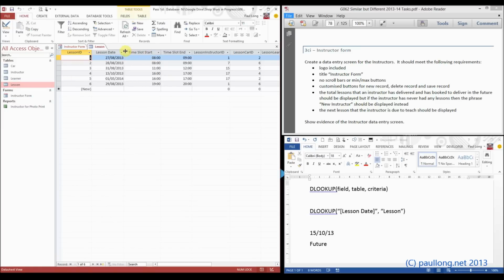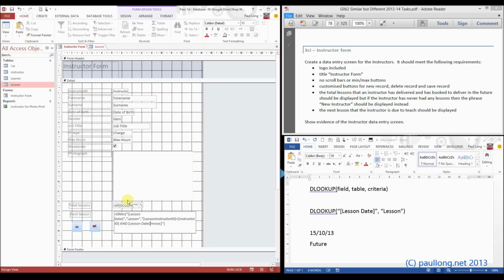So I'm going to add the time slot start to the date, and that will give me 15th of October 2013, 1600, a full date and time.